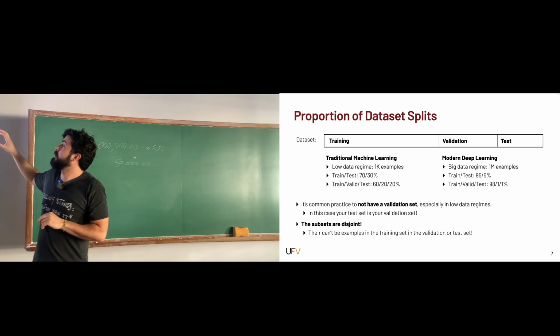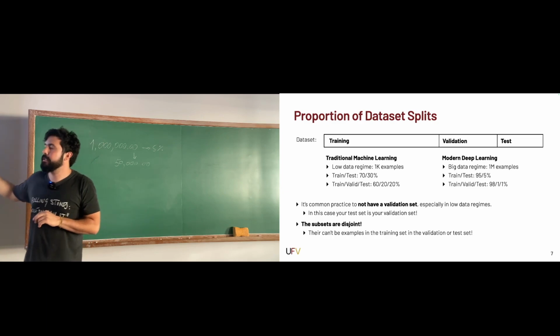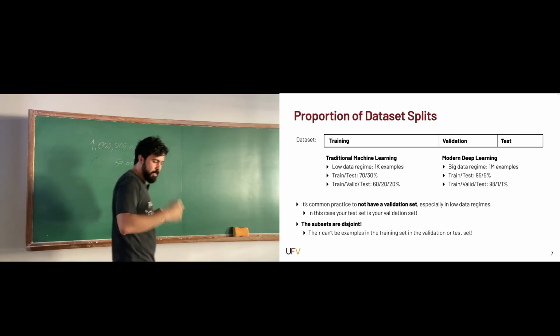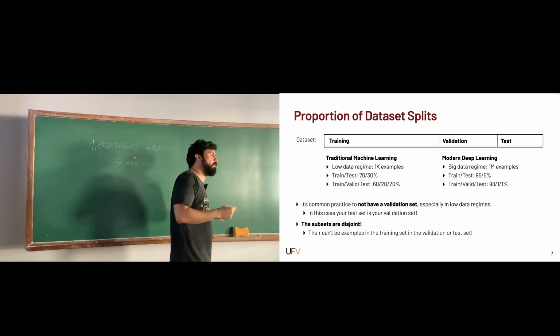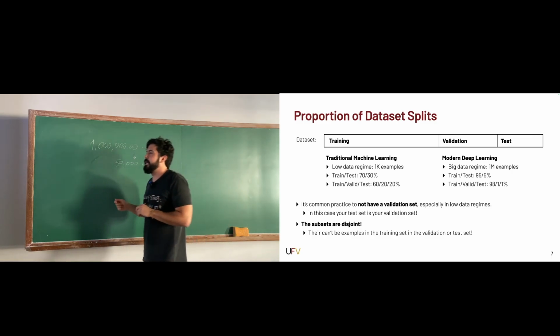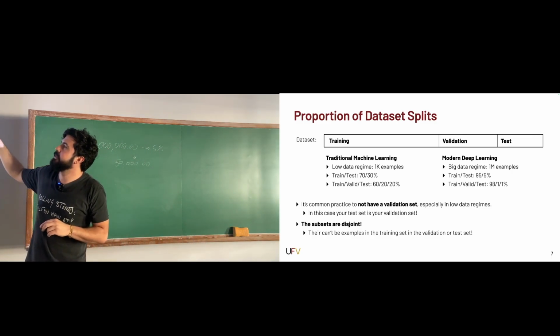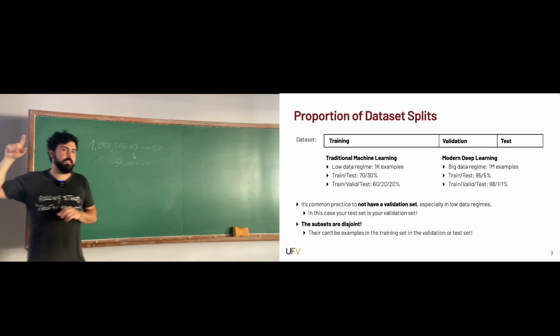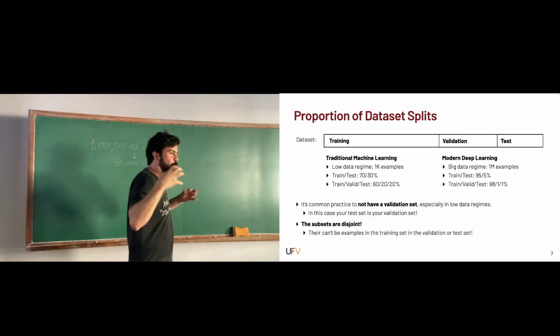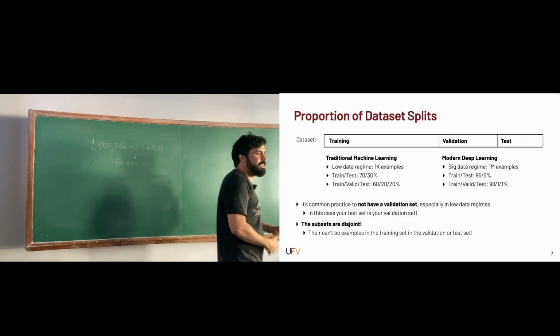And something that is extremely important is that these subsets have to be disjoint, or you can't have any examples that are in your training set in your validation or test set. Right? Because the whole idea here is to measure generalization.